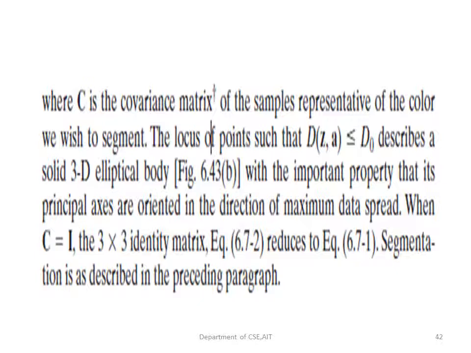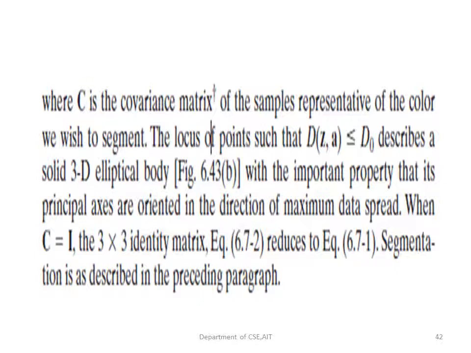The covariance matrix is computed from a set of vector samples representing the color that we want to segment. The locus of the points such that d(z,a) is less than or equal to d naught describes a solid 3D elliptical body with the important property that its principal axes are oriented in the direction of the maximum data spread.